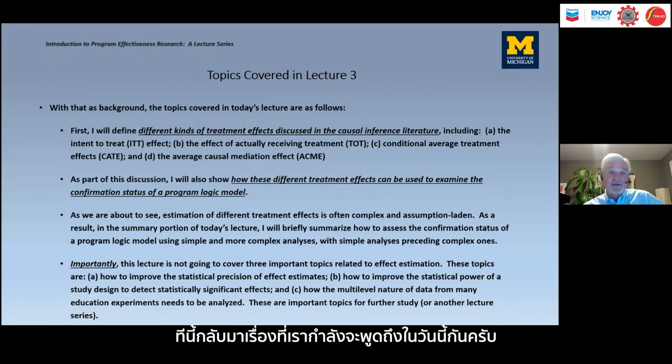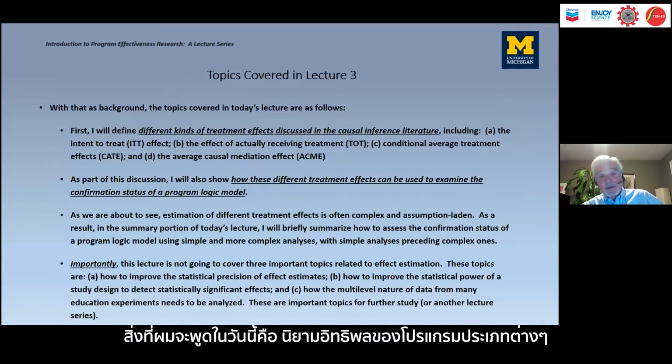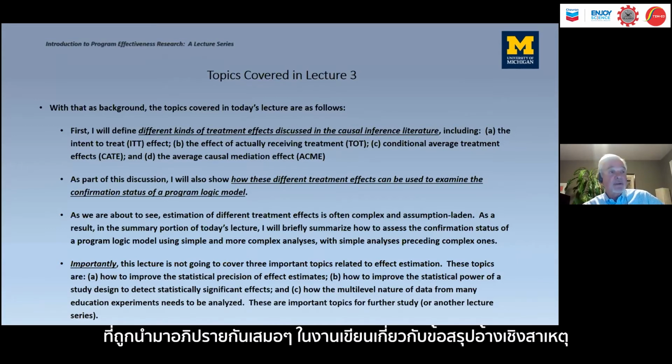So that's the format. Let's shift now to what we are going to talk about today. What I'm going to do today is define different kinds of treatment effects that are almost always discussed in the causal inference literature.